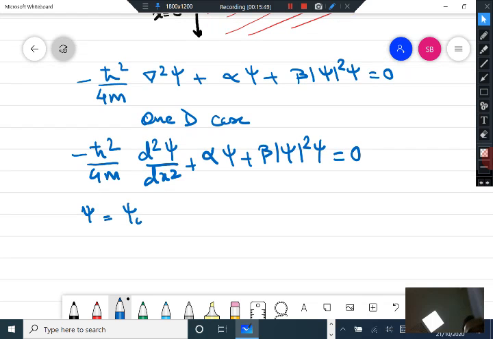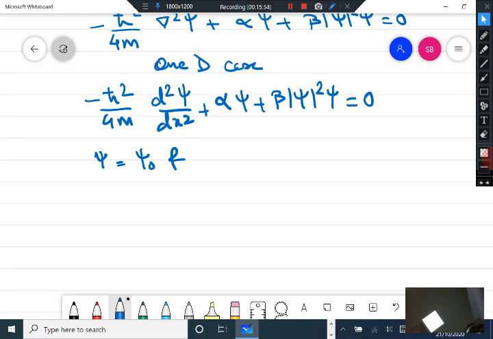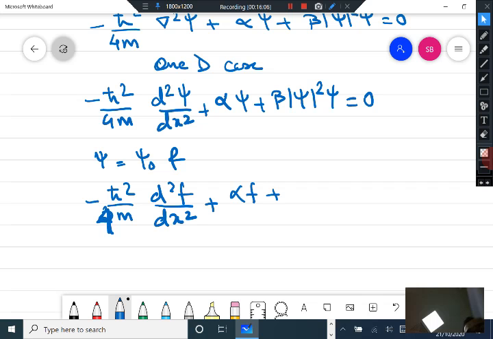Now psi is equal to psi naught into f. So if you put that here, you will land up with the expression minus h cross square by 4m d square f by dx square plus alpha f plus beta f cube mod psi naught square is equal to 0.